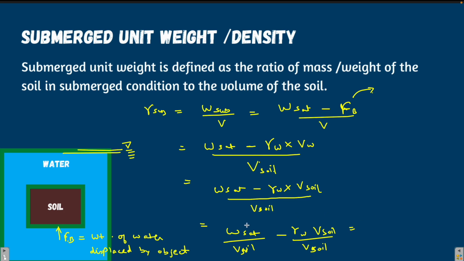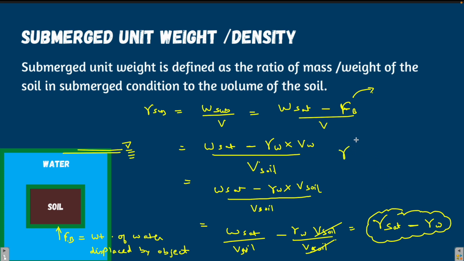It will be W saturated by volume of soil will give you gamma saturated, that is the density in saturated position, minus gamma W, and the volume of soil will cancel out. So this is one of the very important relationships you should know. I have just shown you the derivation of that.